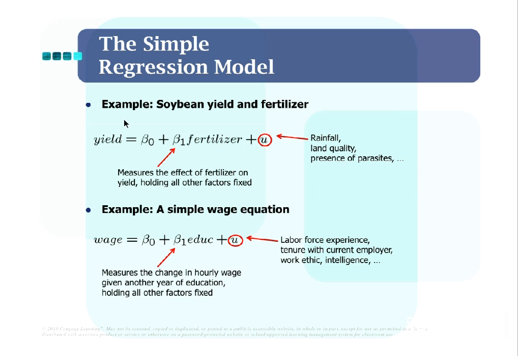So we want to study the relationship between the fertilizer and the soybean yield. Another example is about wage, the relationship between wage and education. Suppose we have 1 additional year of education, how much additional wage you can earn.